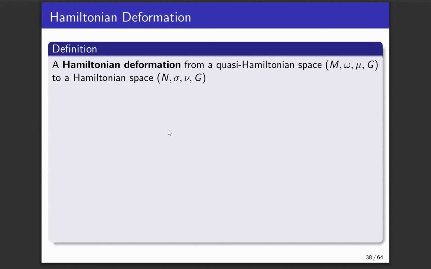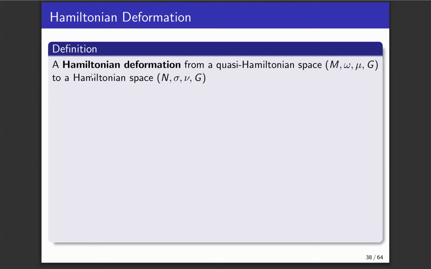And then the funniest part of our paper is the Hamiltonian deformation. Imagine that we have a quasi-Hamiltonian space and a Hamiltonian one. How can we define a Hamiltonian deformation from this quasi-Hamiltonian manifold to this Hamiltonian manifold?